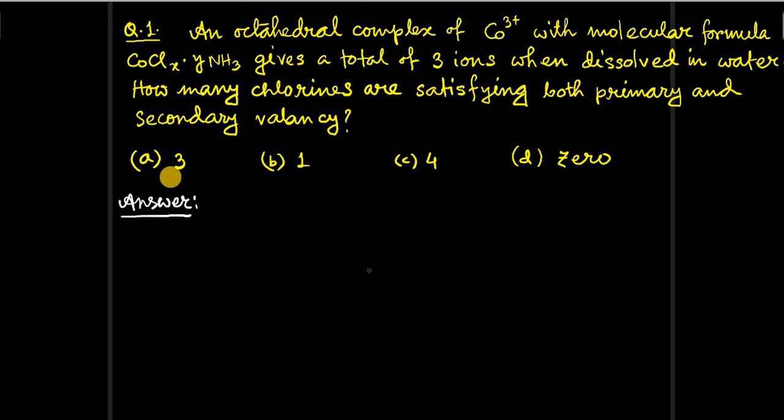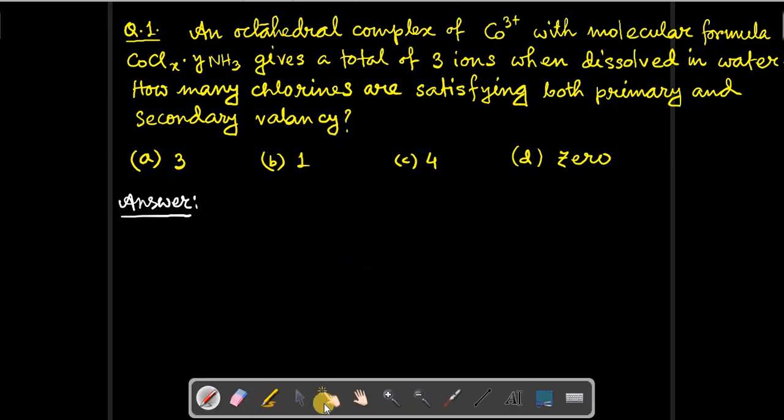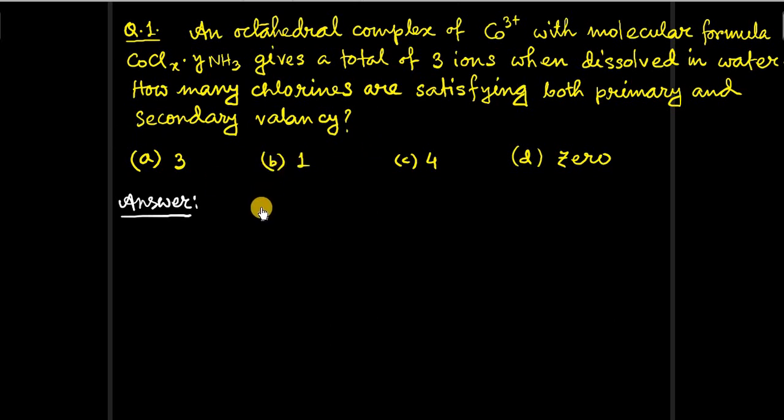So here chlorine and ammonia can become the ligands. But for the counter ion, only the anionic ligand is here, chlorine. So out of the 3 ions, 2 will be the counter ion chloride and 1 will be the complex ion.